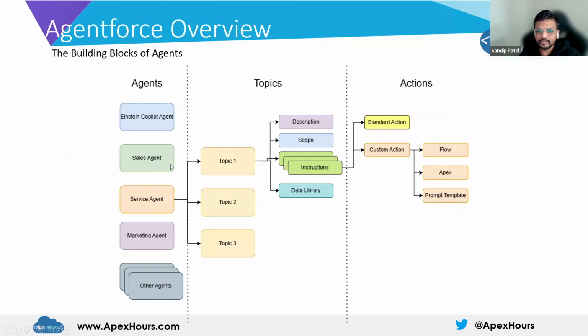If I want to create an order or create a case using Agentforce, I should define a topic for that particular task. Then the topic links to multiple things. One is the description and scope. These are the specific information that we have to provide to the topic.